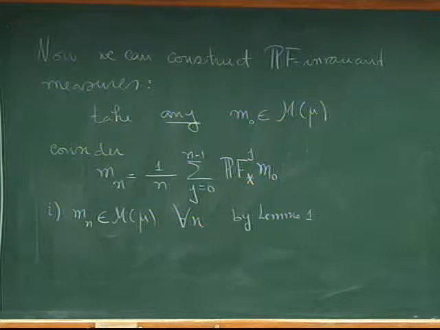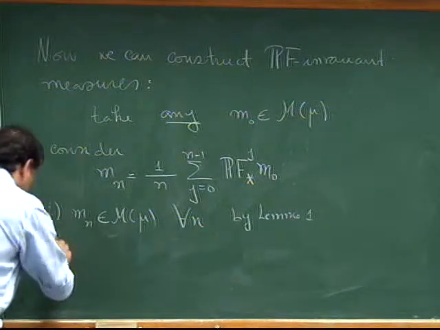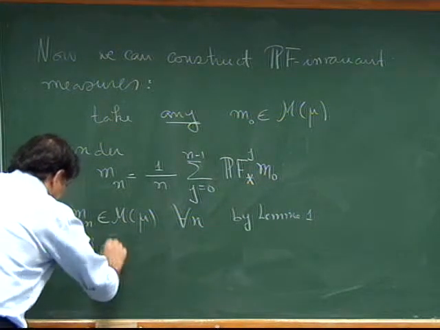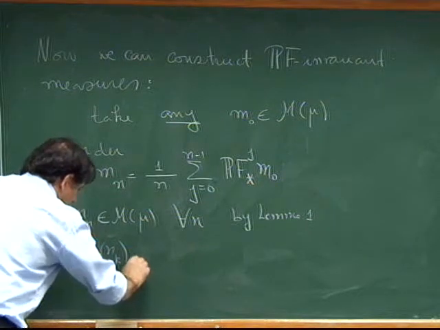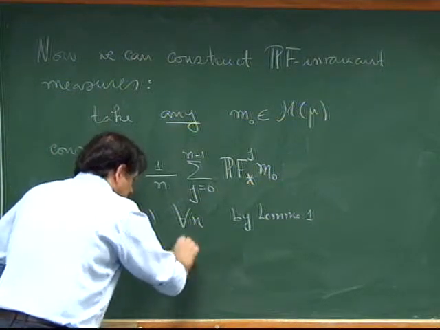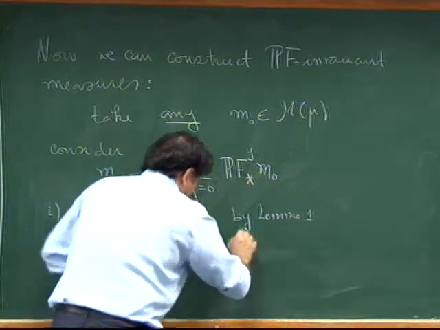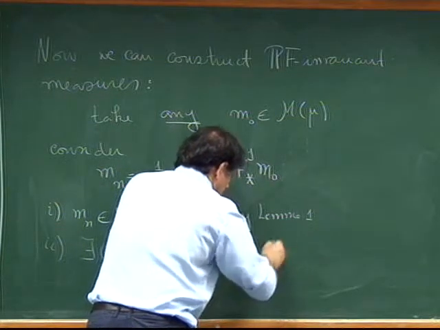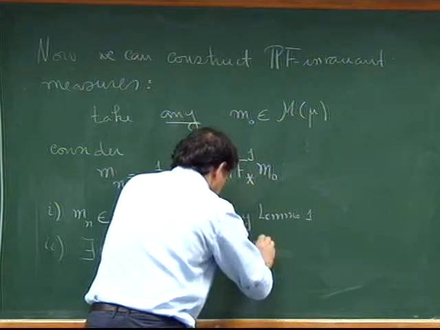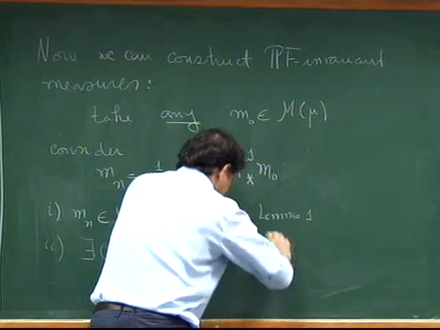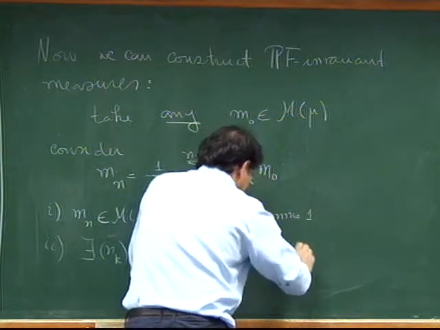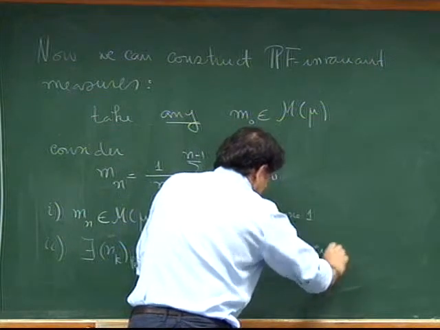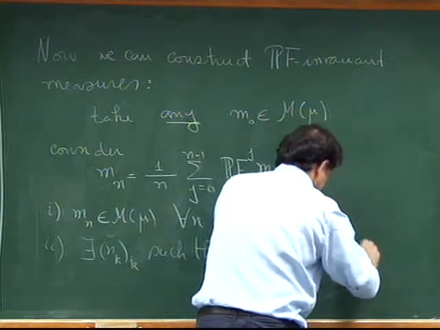What else? So there exists a subsequence nk such that mnk converges to some m.